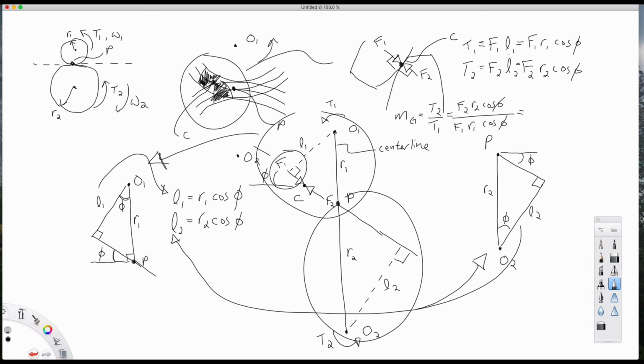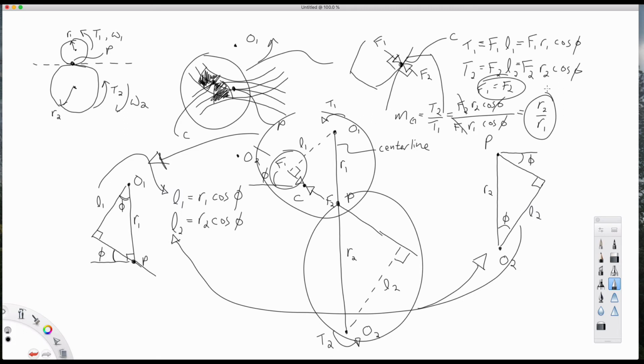If the gears were accelerating, then we'd have a net force at the contact point because of acceleration. But here we're going to assume quasi-static conditions, that we can neglect acceleration, and if that's the case, then we can claim that F1 is equal to F2, and these cancel, and we get the nice result that the speed ratio is R2 divided by R1.